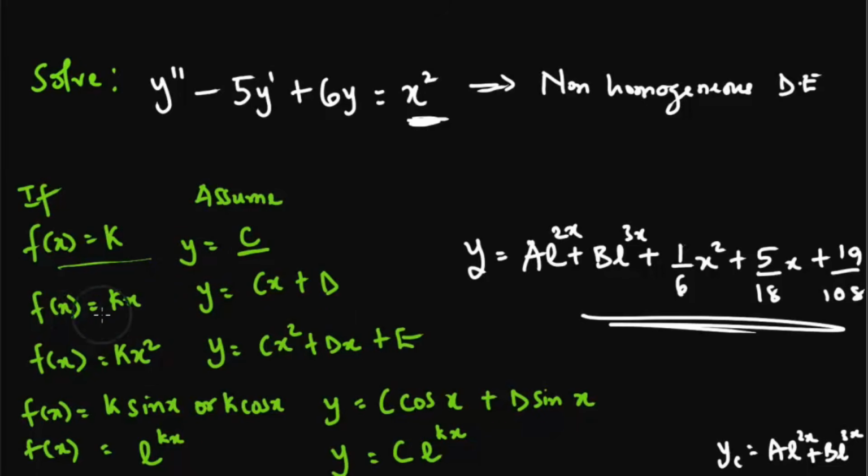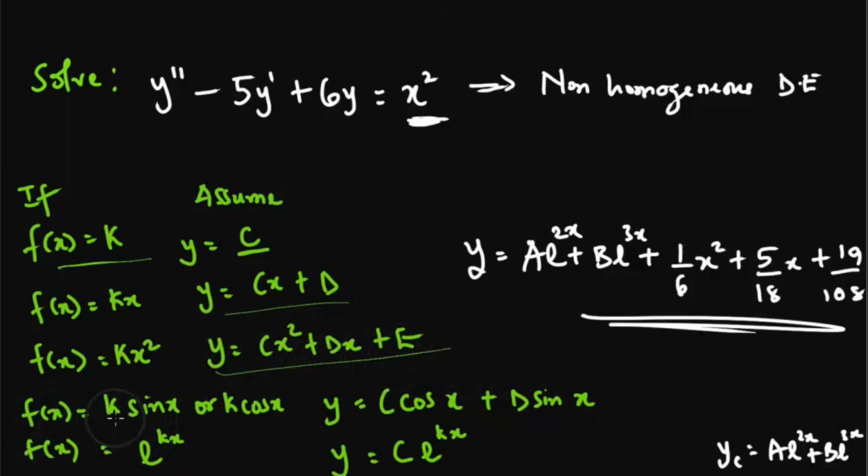Whenever we have a function kx, like 2x, 3x, 5x, we assume that the particular solution is cx plus d. And whenever we have a function like this, which we've done in this example, we made use of this assumption. So whenever you have, it could be 5x squared, 7x squared, we're simply going to assume that this is our particular solution.